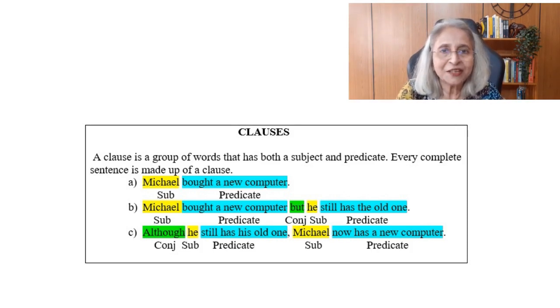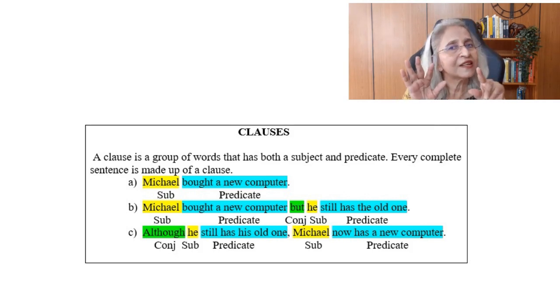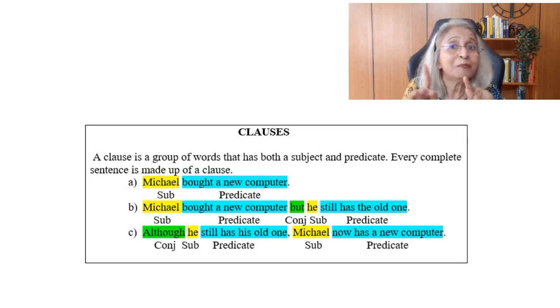So let's take a look at the second sentence that we have here. Michael bought a new computer, but he still has the old one. So here you have two sentences linked. Michael bought a new computer, but he still has his old one.